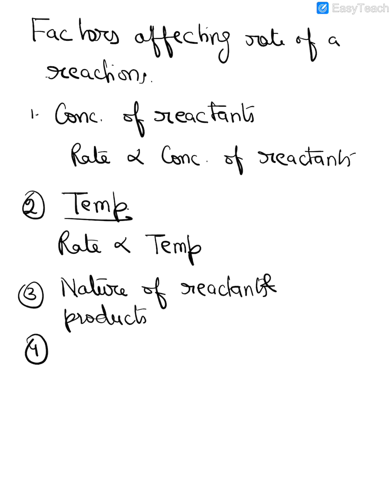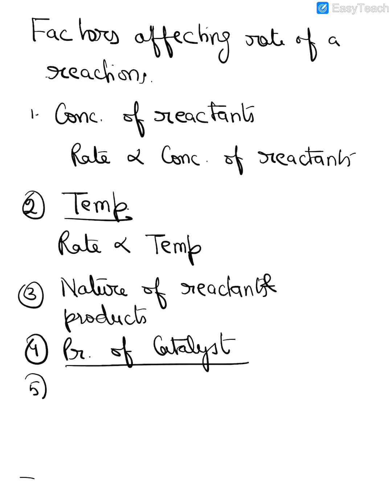Number 4, presence of catalyst. A catalyst enhances the rate of the reaction in most cases. Number 5, surface area. The larger the surface area, the larger will be the rate of reaction.